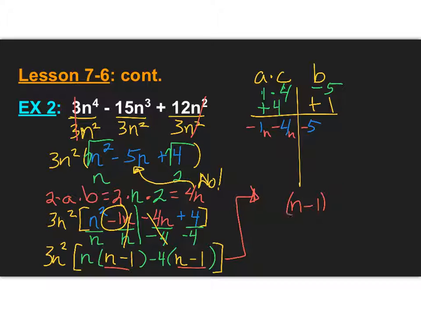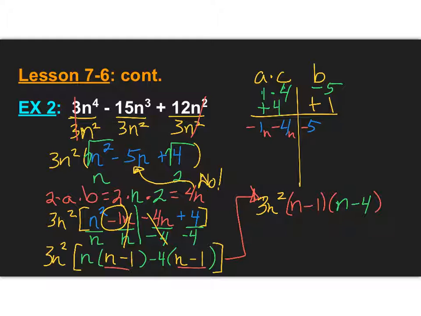So I'm going to bring that out in front of parentheses. And then what's left over in front, here and here, goes in the empty parentheses over here. So we've got n minus 4. And then, of course, don't forget to put in front 3n squared.